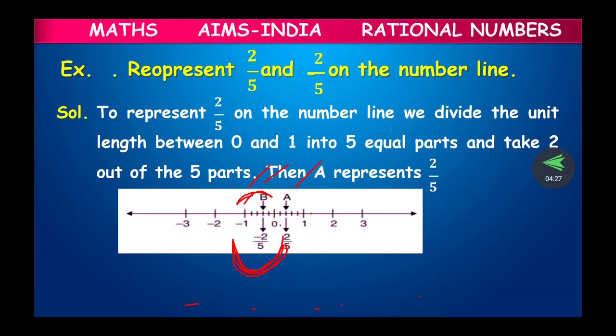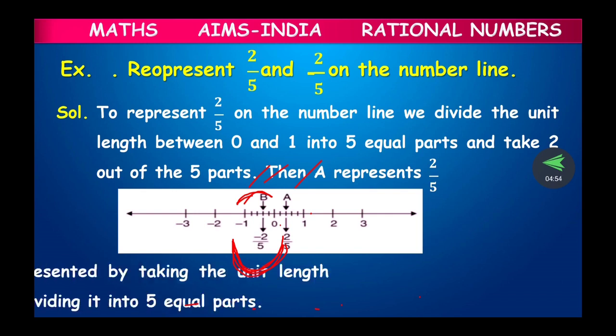Out of that, at 2 parts, we have kept A, which stands for 2 by 5. Minus 2 by 5 also, towards the left side, the place between 0 and minus 1 is divided into 5 equal parts, and the second part is kept as B, which is equal to minus 2 by 5. Like this we can represent rational numbers on the number line.